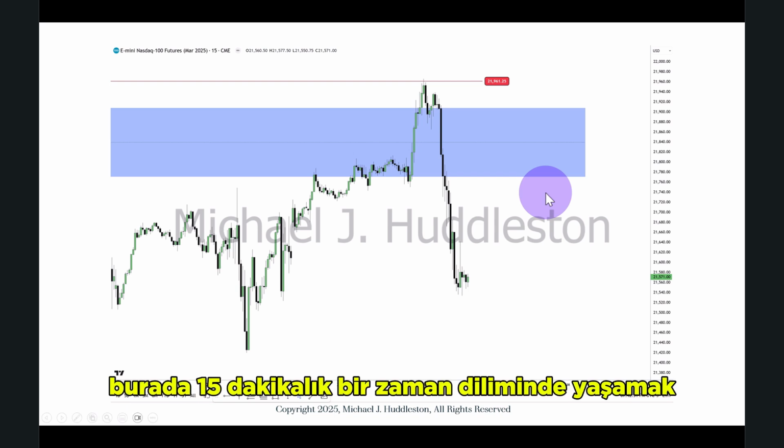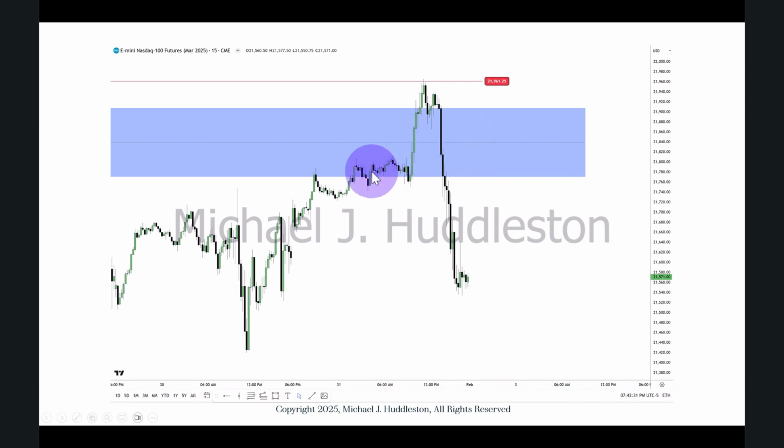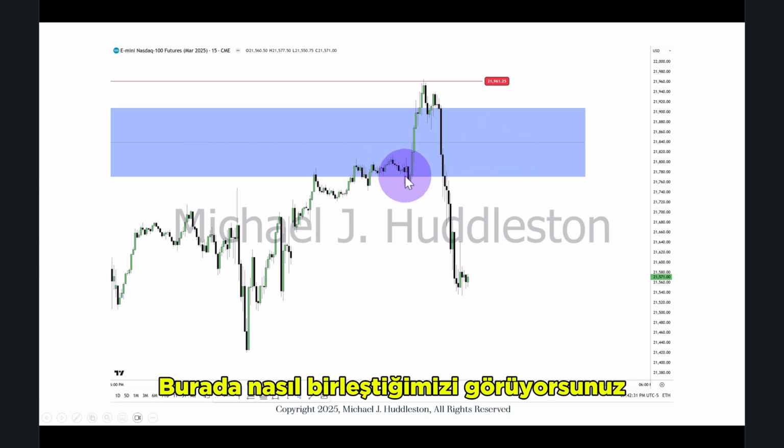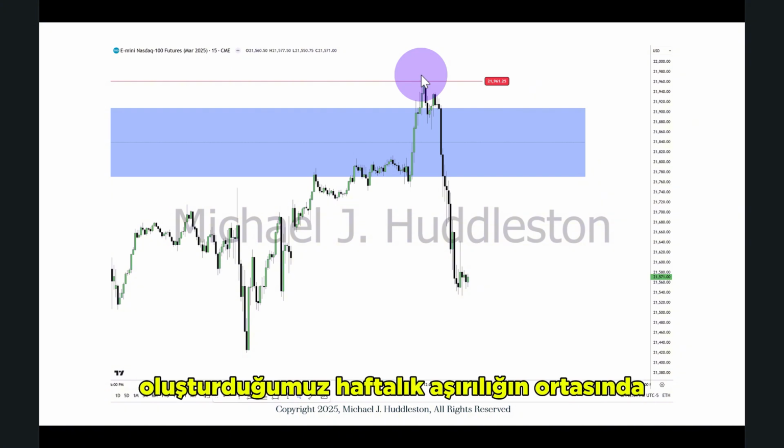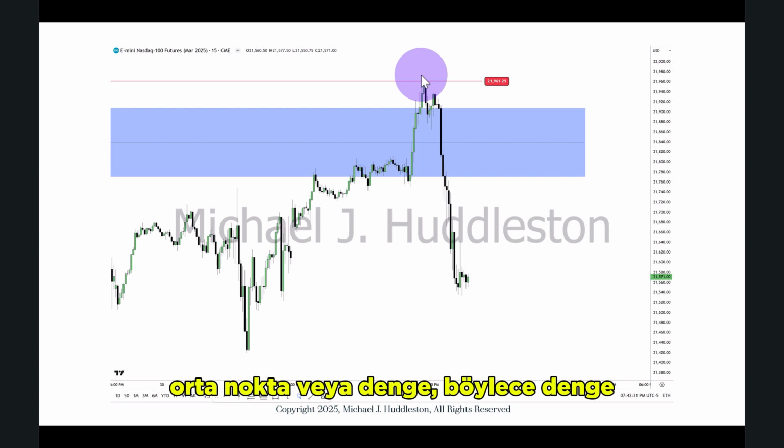Zooming in here on a 15-minute time frame, you can see how we consolidated here, rallied up, and then hit that middle of the weekly extreme that we formed a high on at the previous Friday's midpoint or equilibrium.